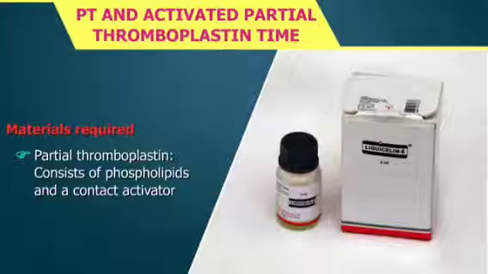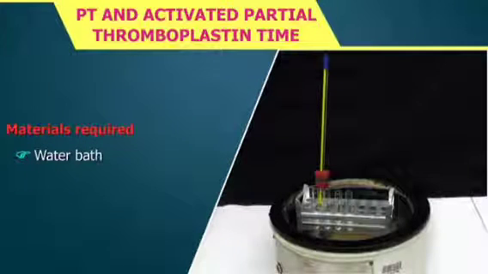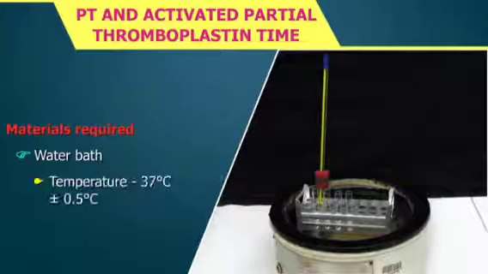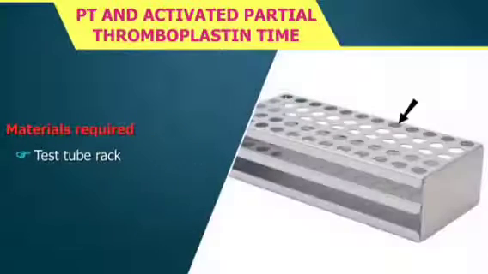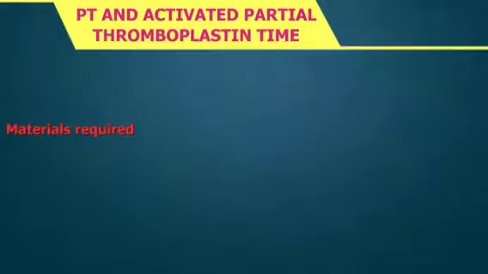Partial thromboplastin, which consists of phospholipids and a contact activator. 6. Water bath, incubator or heat block at 37 degrees Celsius. 7. Test tube rack. 8. Wipes or gauze. 9. Stopwatch.